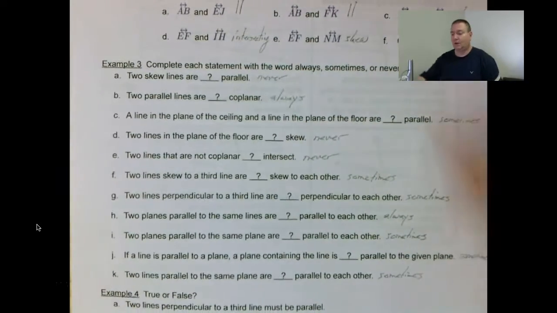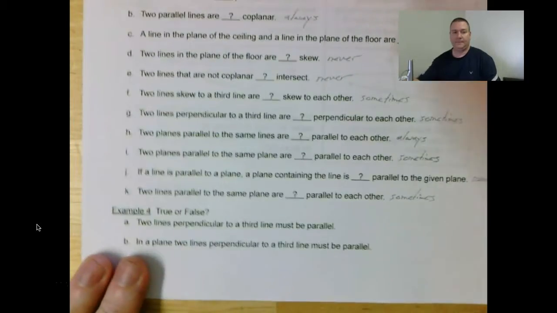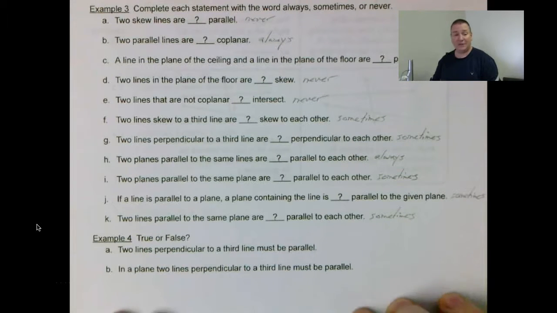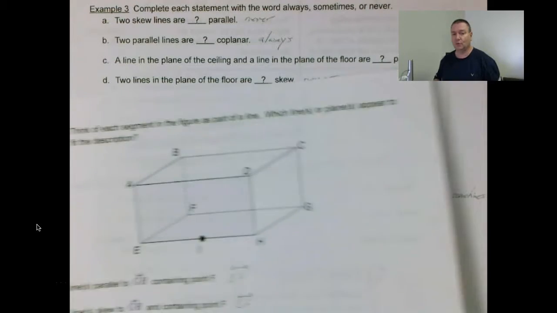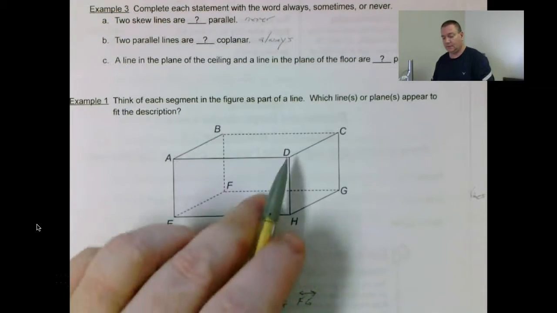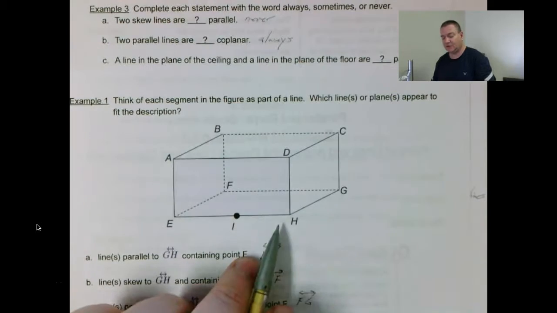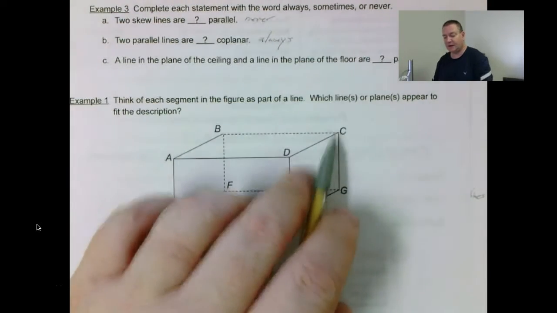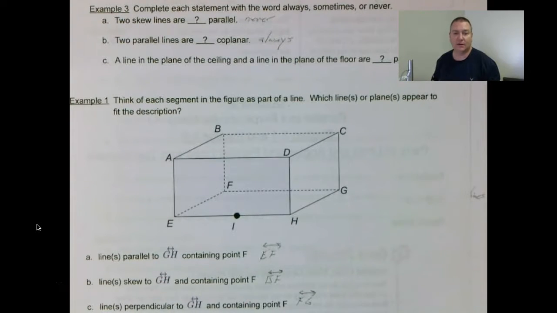Okay, slide this up a little bit. Two lines perpendicular to a third line must be parallel. If it said two coplanar lines, then the answer would be true. DH is perpendicular to GH, CG is perpendicular to GH, DH is parallel to CG because they're all coplanar.